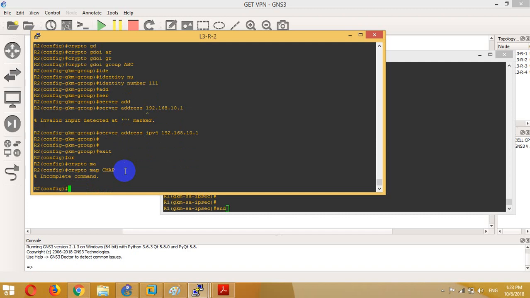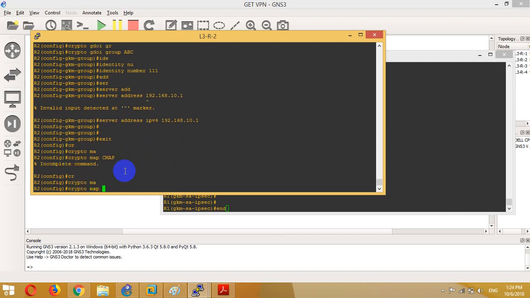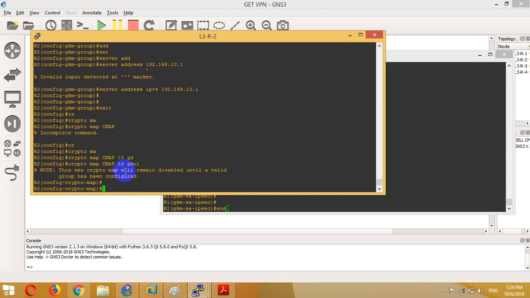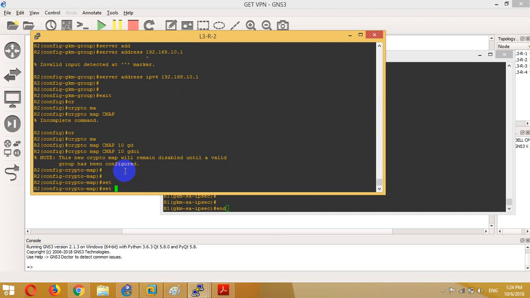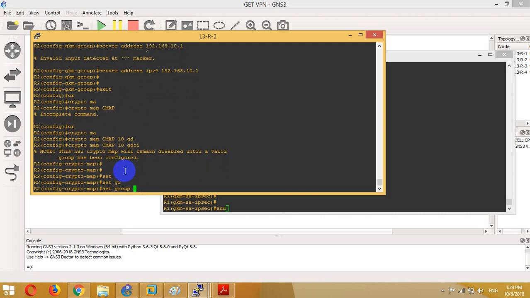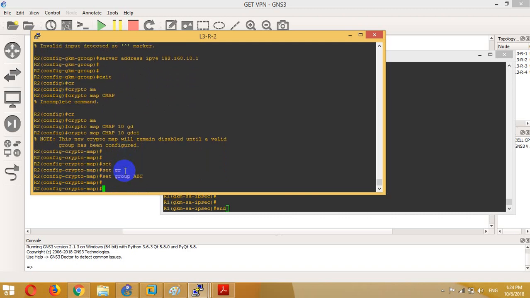Under it, crypto map CMAP 10 GDOI, and under it I'm going to specify set group and the name of the group that I gave, GDOI APC.